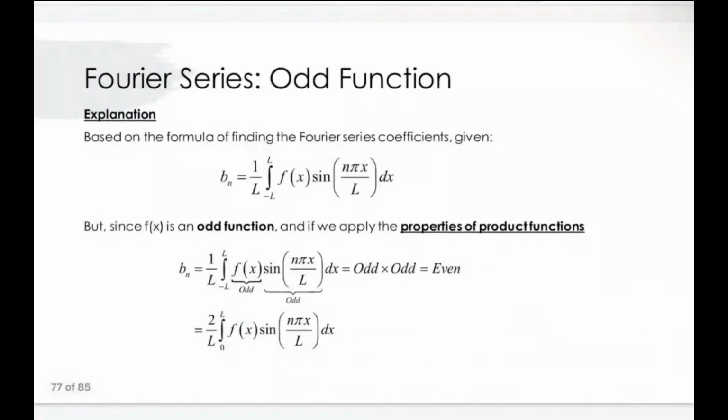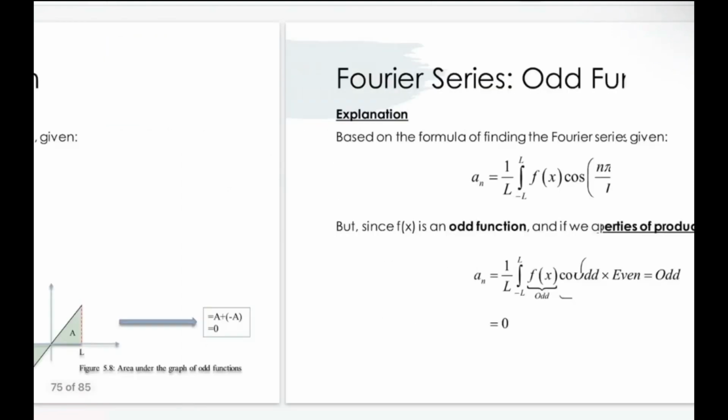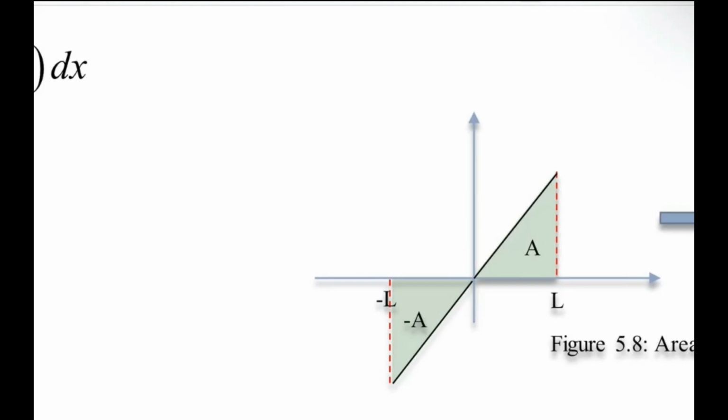For b_n, since we know that the area is the same, even though one has a negative value and one has a positive value, both areas have the same magnitude. So what we need to do is find just half of the graph. Because the number here and here are the same, we just need to find the area from 0 to L only, and then multiply by 2 so that we also find the area for this side.